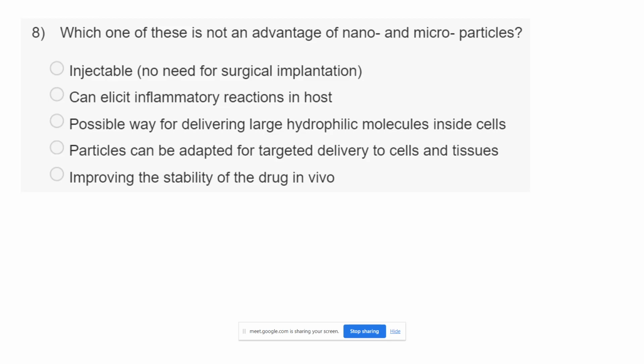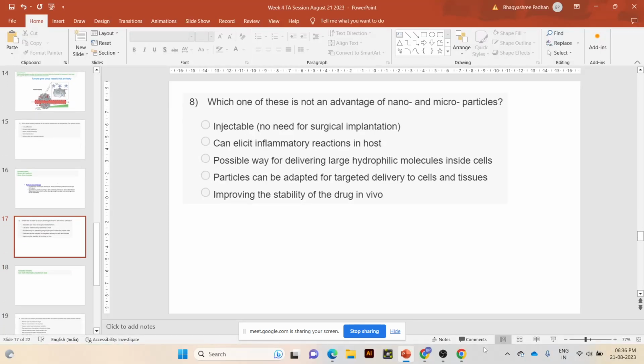Second option, ma'am. Okay, can elicit inflammatory reactions in host. Option B, ma'am. Okay. Injectable, ma'am. First option, ma'am.